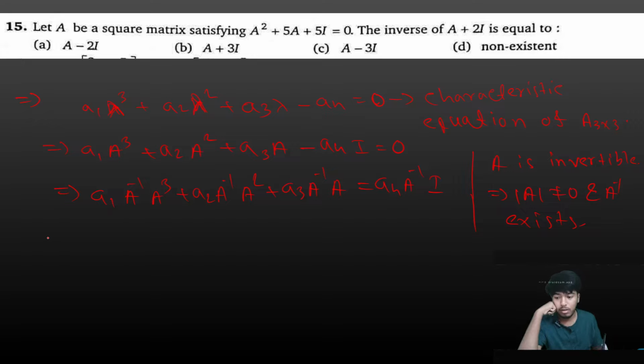Since a1, a2, a3 are constants, matrix multiplication is not affected.